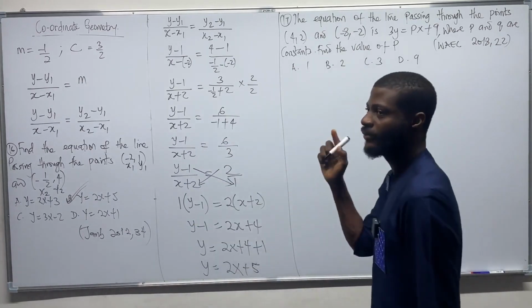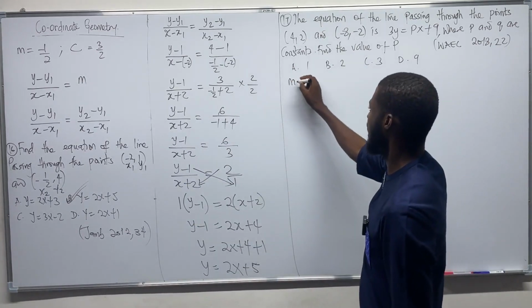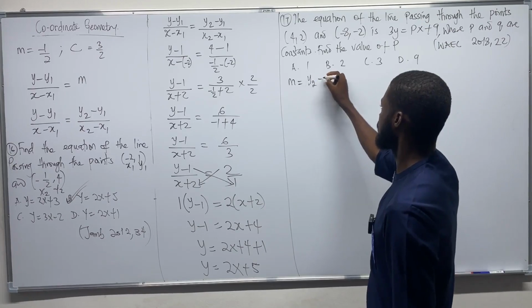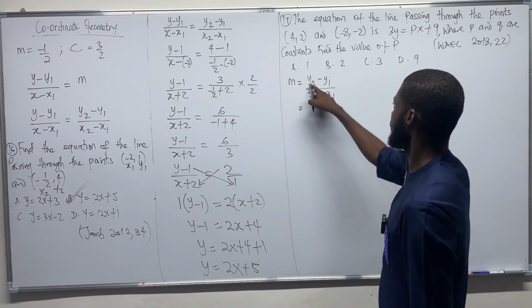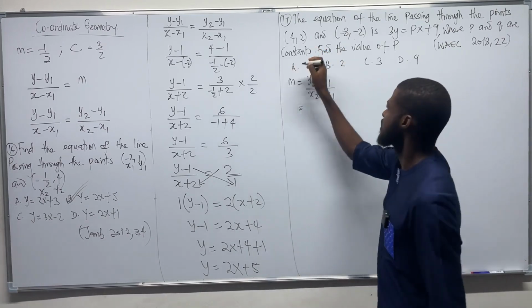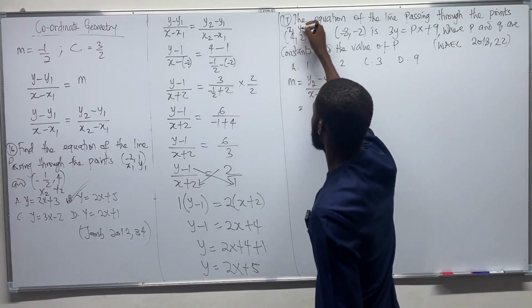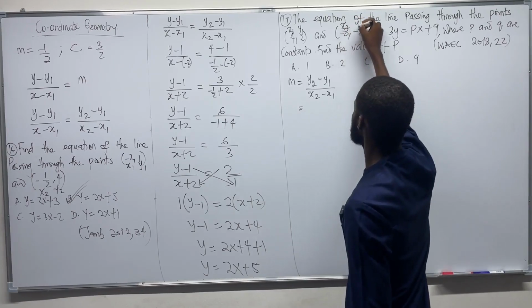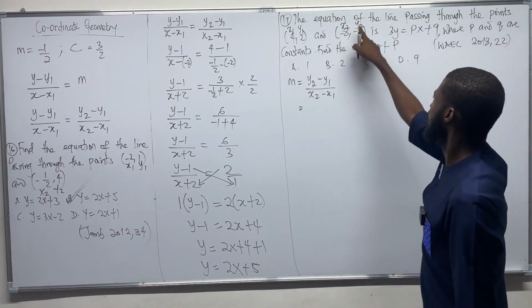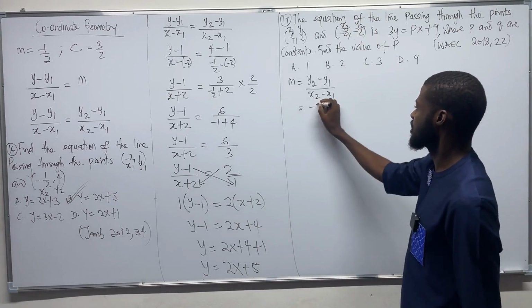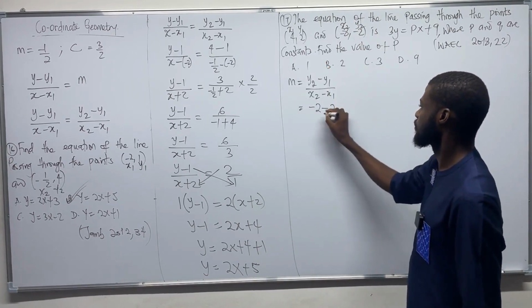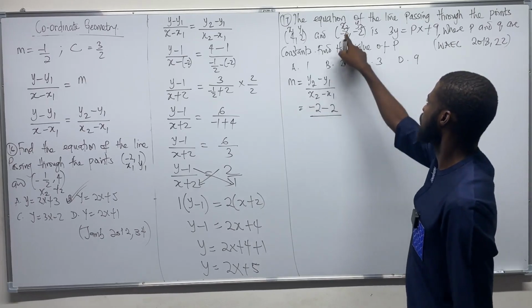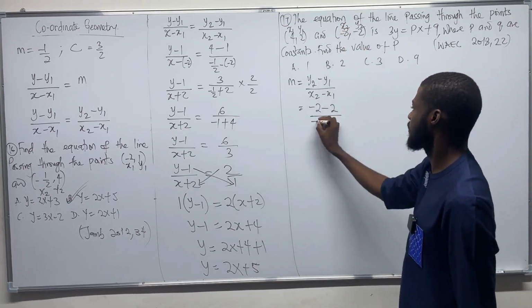Now I know that gradient m is y2 minus y1 over x2 minus x1. So what is y2? Let's name our points. This is x1, y1. This is x2, y2. So y2 is minus 2, so this is minus 2 minus, what is y1? y1 is 2. Divided by, what is x2? x2 is minus 8.